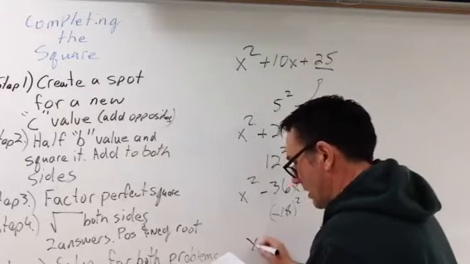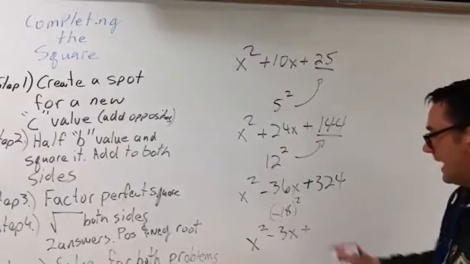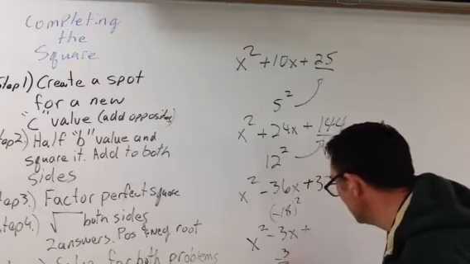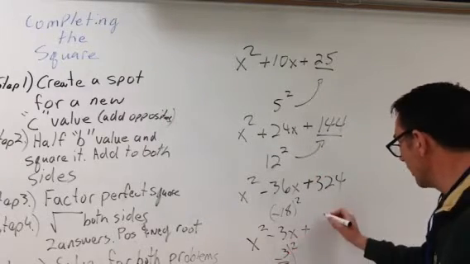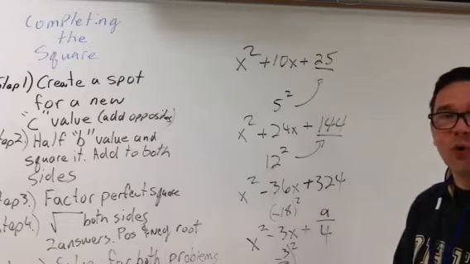Next one, x squared minus 3x plus something. Half of negative 3 is negative 3 halves. If we square this, it's just the same. 3 squared is 9. 2 squared is 4, so it's 9 fourths.